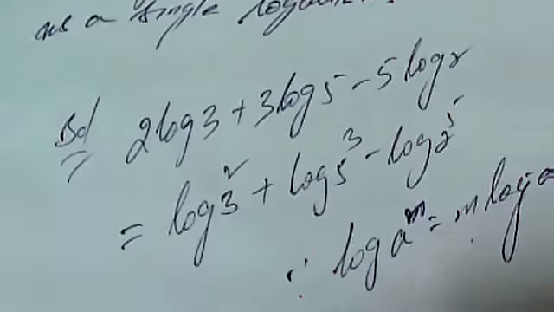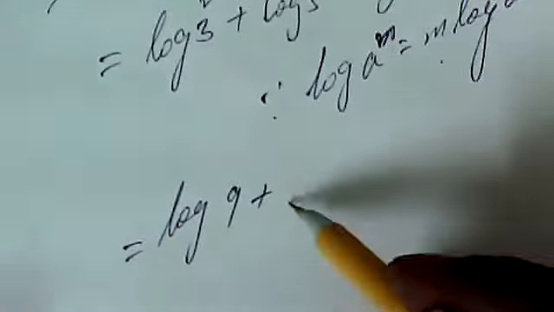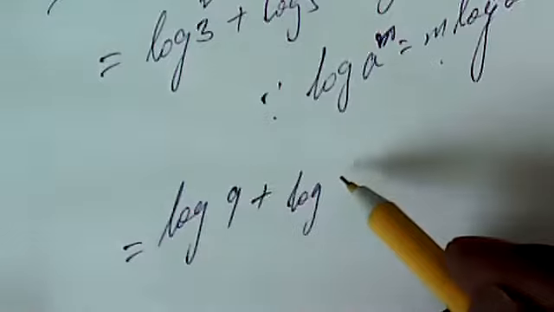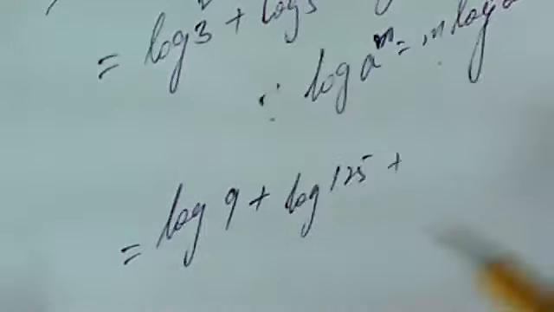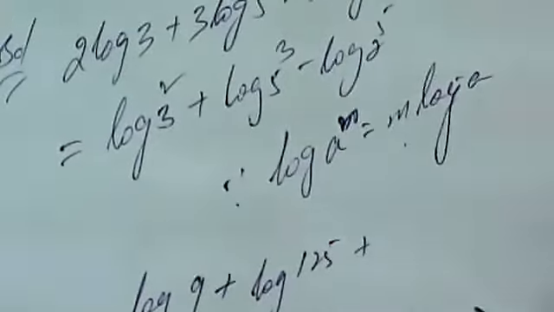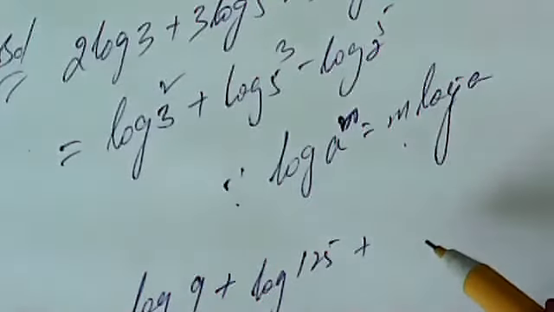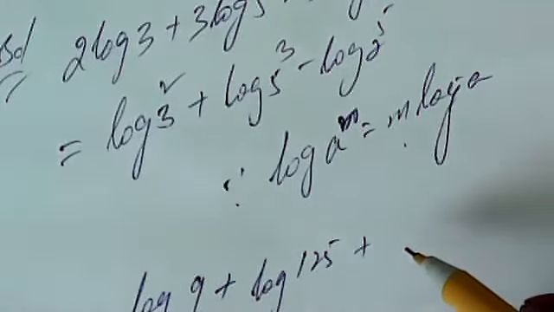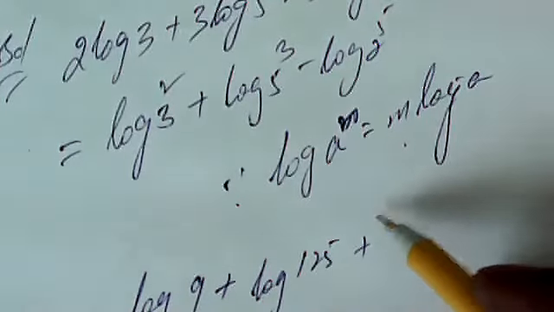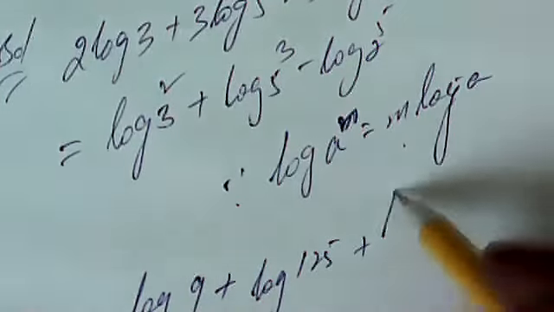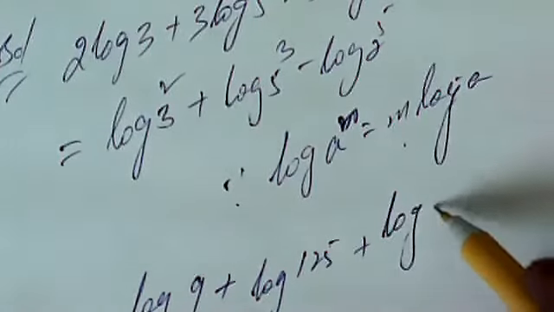So this is nothing but log of 9 plus log of 125 minus log of 2 to the power 5. 2 power 5, what you get is 32.